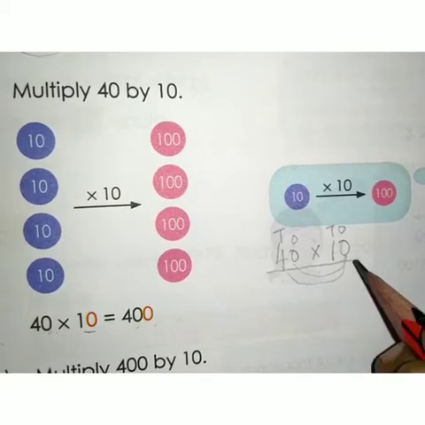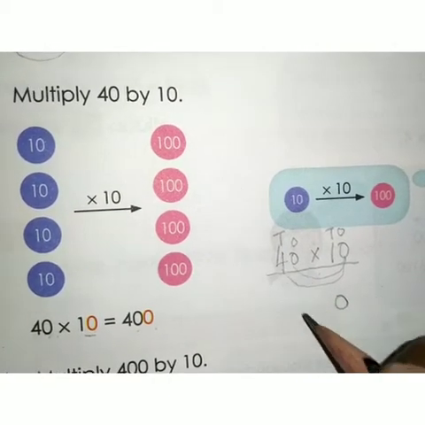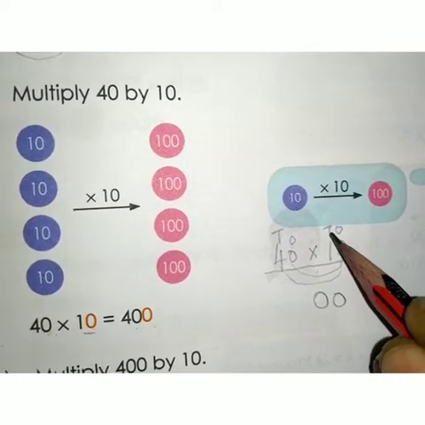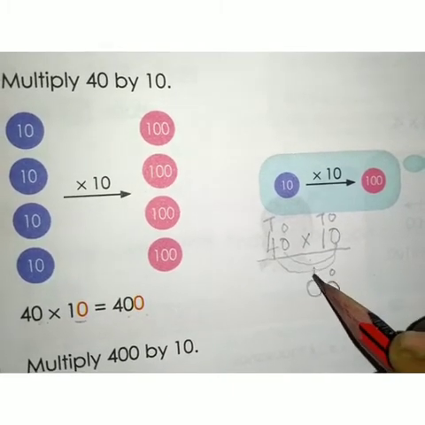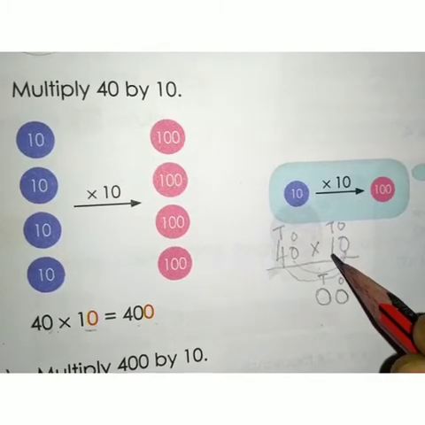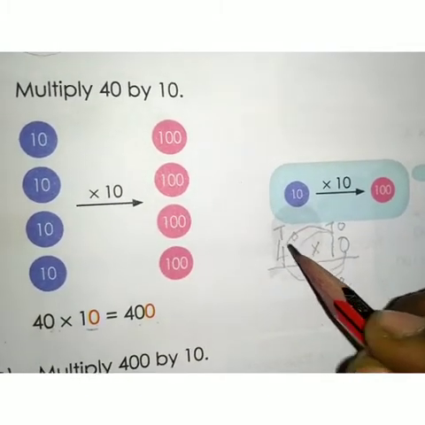So you will get the answer as 0 zeros are 0. 0 fours are 0. Now go to tens place. Tens place means you have to write the answer below tens place. This is ones and this is tens. So below tens place you have to write the first answer. Now multiply 1 with 0 and 1 with 4.